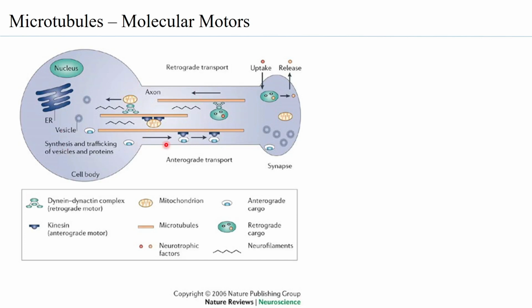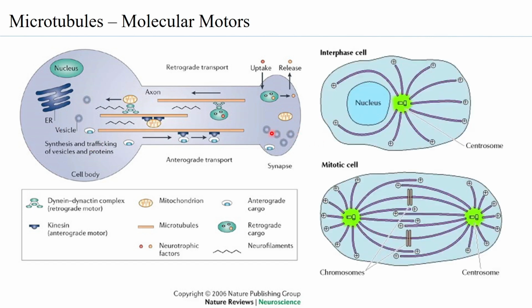So where is this? Again, let us go to the neuron as an example. You can see how you have dyneins carrying molecules from the plus end to the minus end, and how you have kinesins taking vesicles, etc., from the minus end to the plus end. So you have transport across the axon happening.